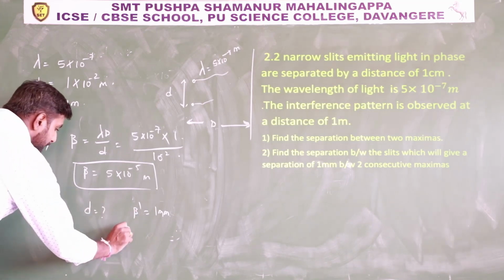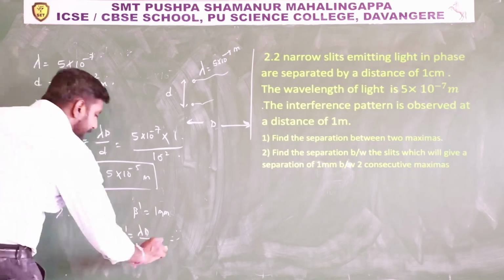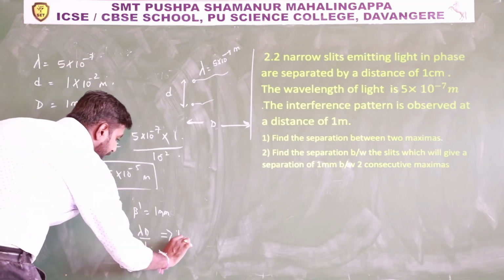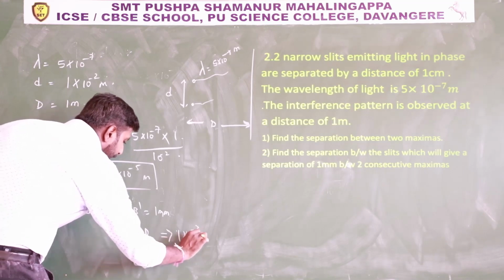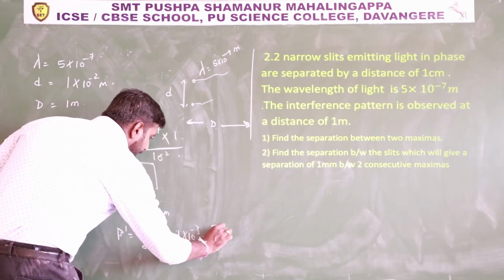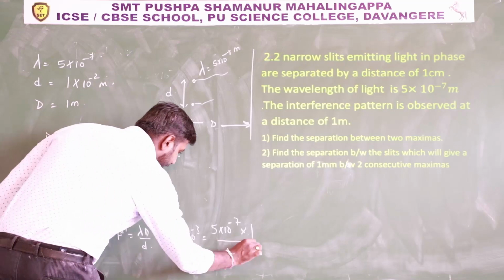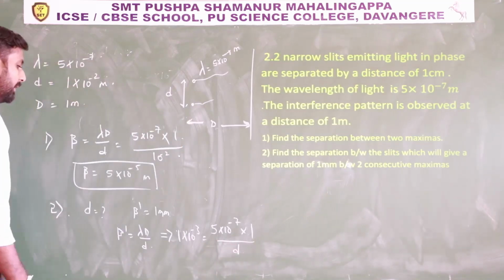So beta dash is equal to lambda capital D divided by small d. Beta dash is given as 1 millimeter, 1 into 10 to the power minus 3, equals lambda, which is 5 into 10 to the power minus 7, and capital D is 1 meter, divided by small d. Small d value you have to calculate.